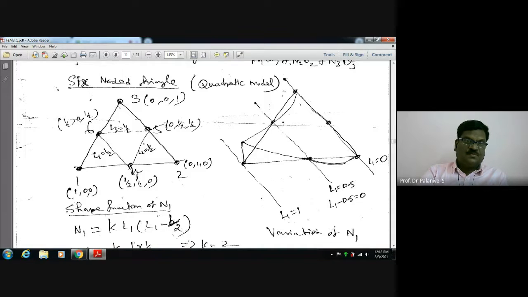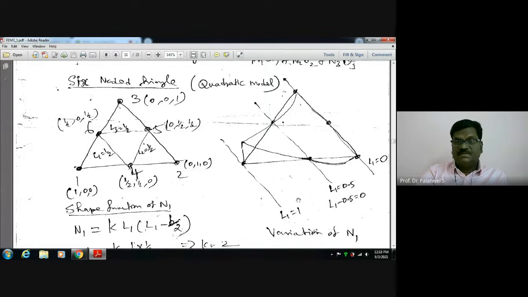So the line passing through nodes 4 and 6 has the equation L1 equal to half, therefore L1 minus 0.5 equal to 0. This is the equation of this line.